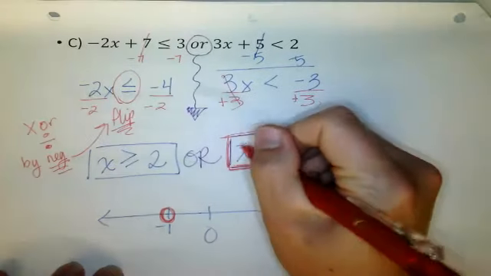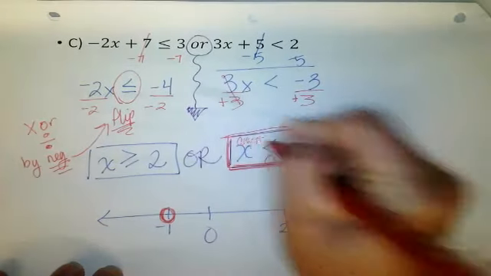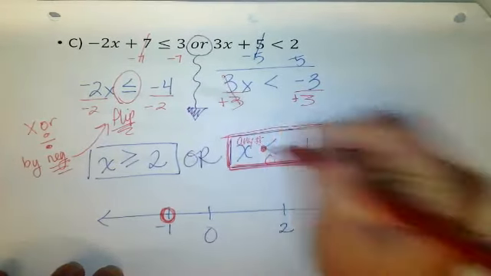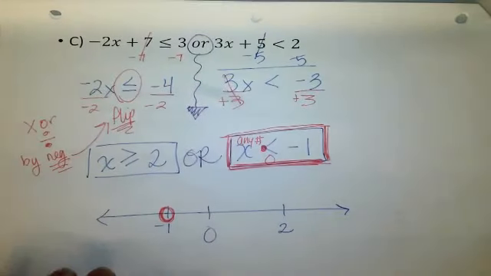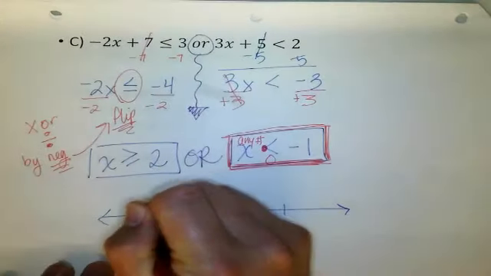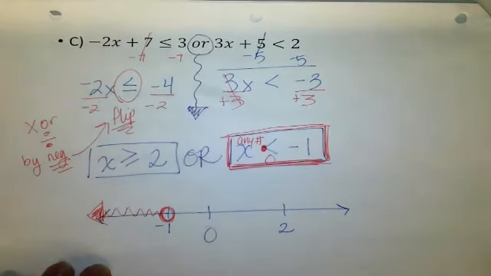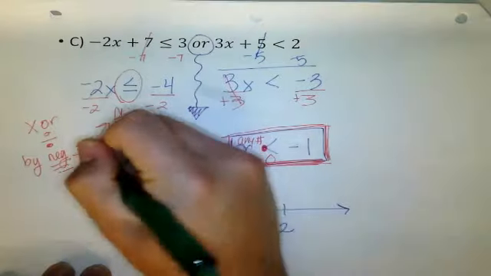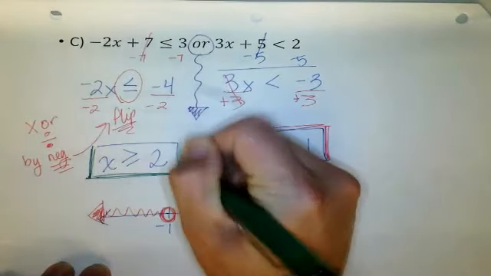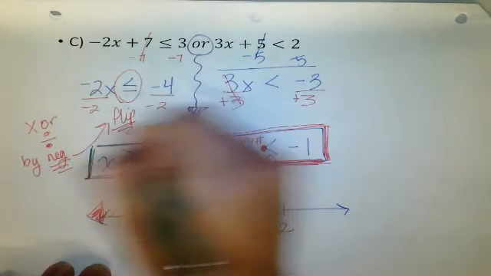And I'm going to read this. Any number smaller than negative 1. Which direction should I shade? To the left. Numbers smaller than negative 1 are to the left. All right. Now, over here, what kind of dot am I interested in at 2?